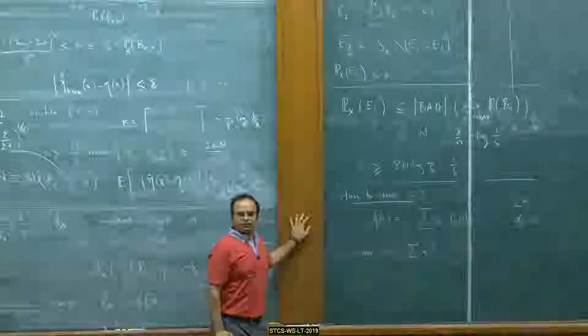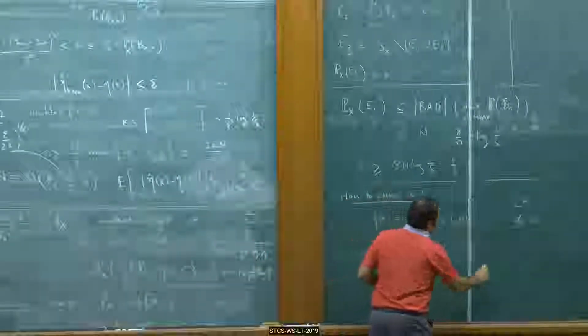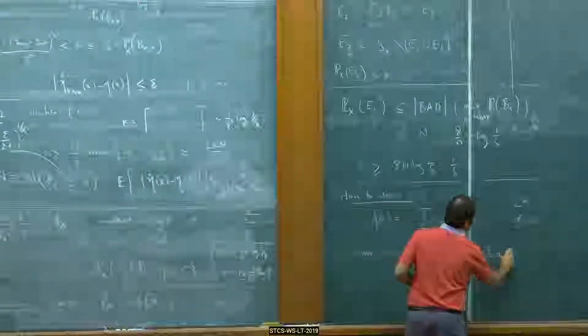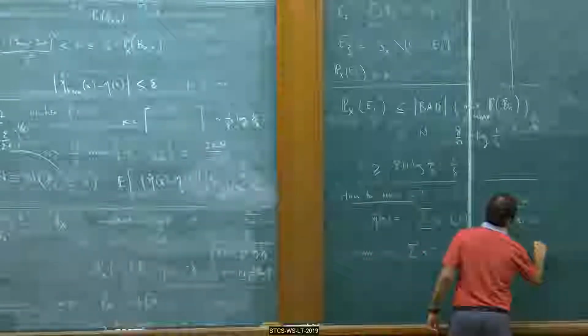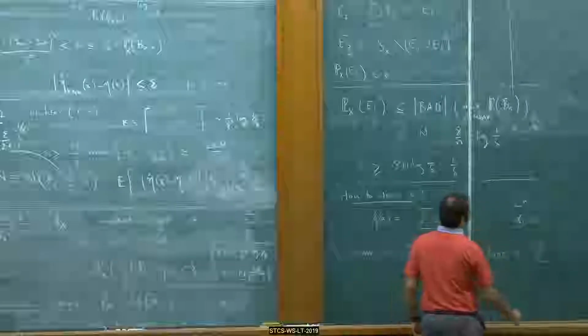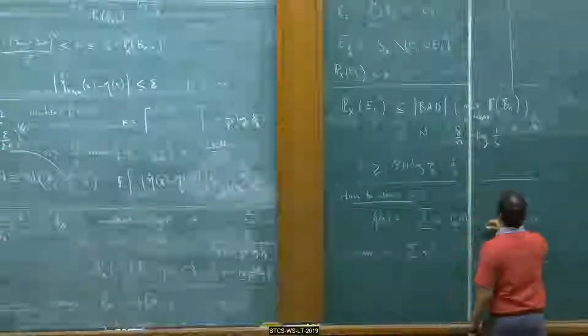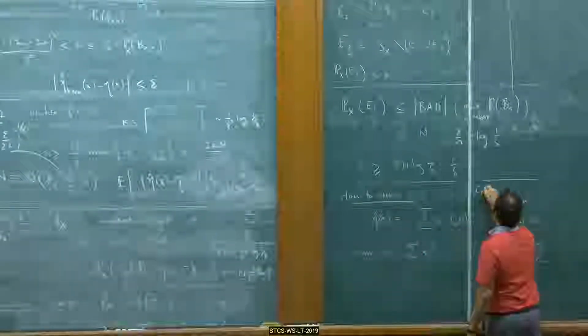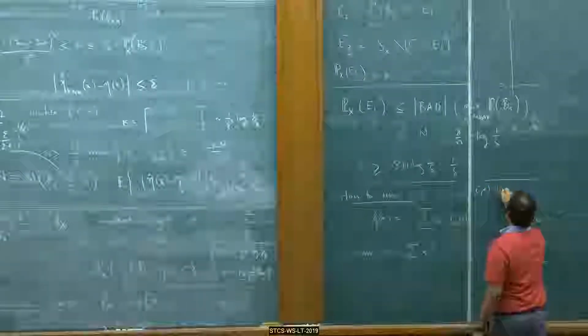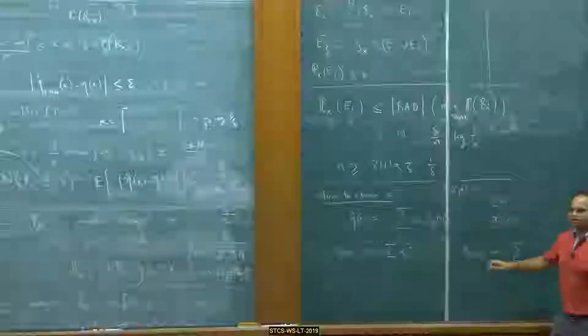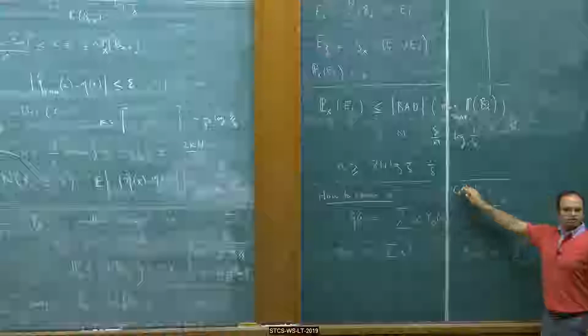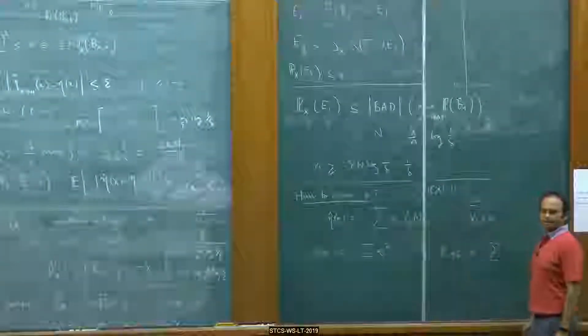And the bias looks something like this. Again, let's assume, for the purpose of discussion, that it's a C alpha Holder, which is 1. So this alpha is different from this alpha, and my apologies. This is the Holder one.